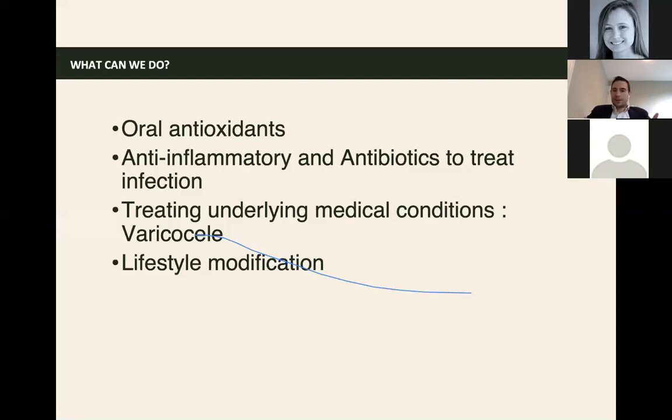If you exercise regularly, it's also good. These are all correlations. We don't have any exact science that links directly any lifestyle modification to good sperm health. No one can project that if you work out 5 days a week, for sure you're going to have good quality of sperm and good DNA fragmentation.